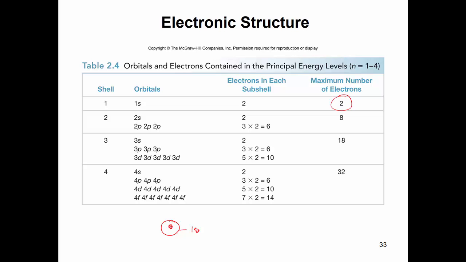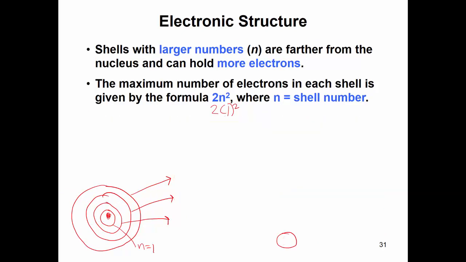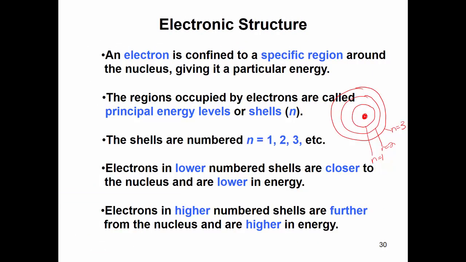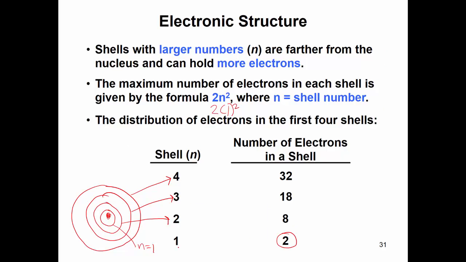Okay, if you look back here, we said the first energy level holds 2 electrons. That is because it only has one S orbital, and that one S atomic orbital holds 2 electrons.